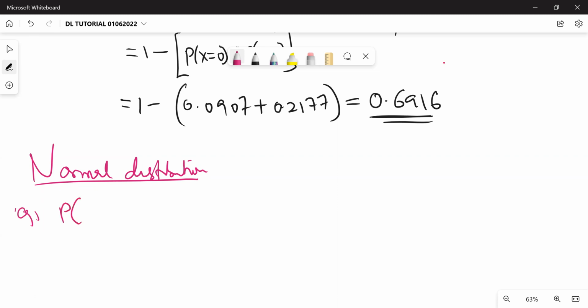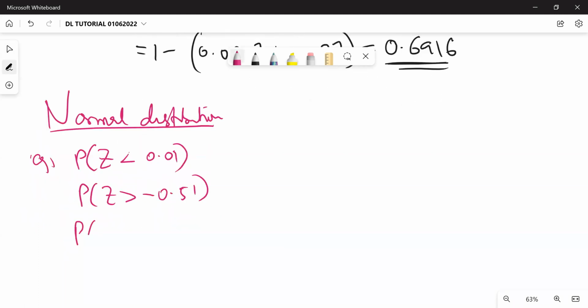Probability that Z is less than 0.01. Probability that Z is greater than minus 0.51. Probability that Z is between 0.02 and 1.02.